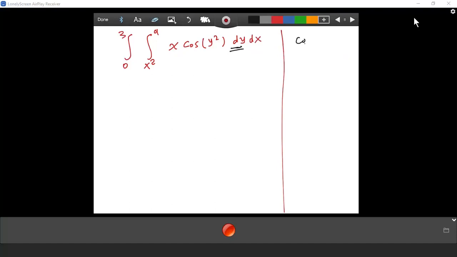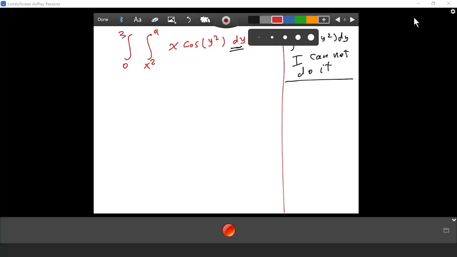Cosine y squared dy. I cannot integrate this one, right? I cannot integrate this one. Okay. So next, if I avoid this one, I have no problem. So avoiding integrating with respect to y first.